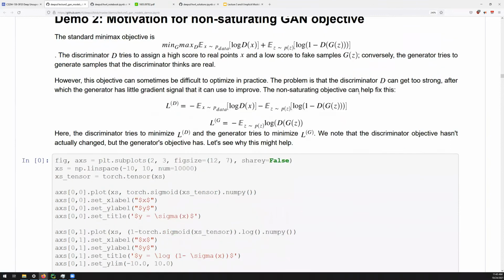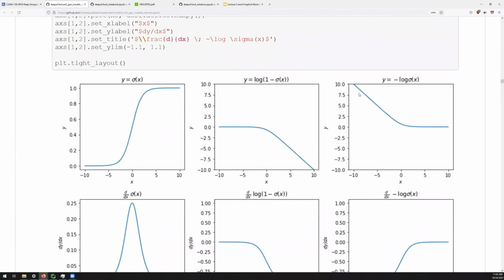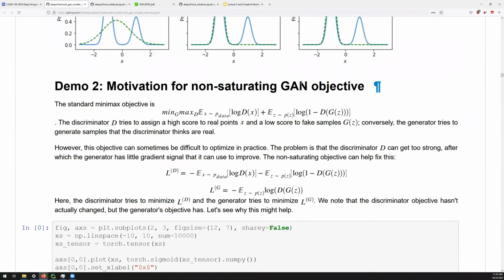So this is the non-saturating GAN objective. The standard objective is this one, with the discriminator only worrying about this part, or the generator only worrying about this part, because there's no G here, so we don't have to worry about it.